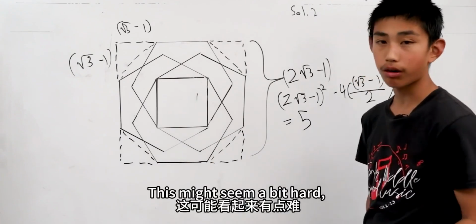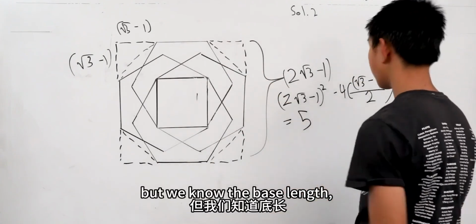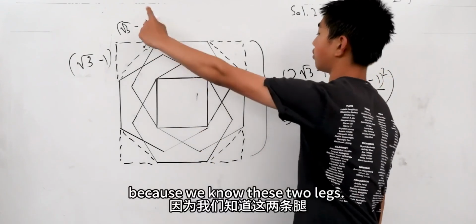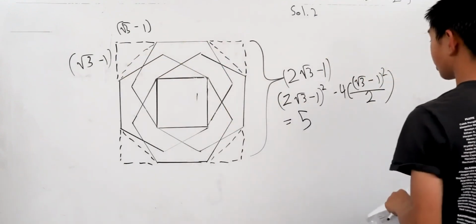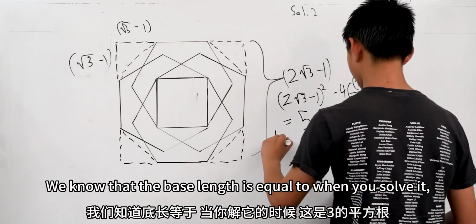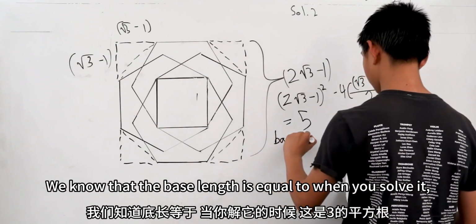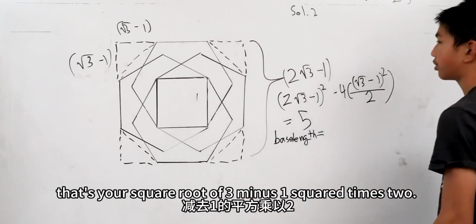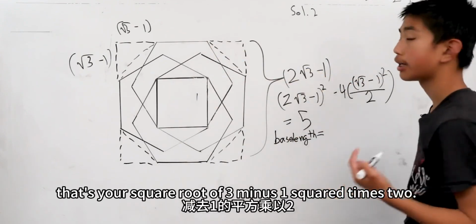This might seem a bit hard, but we know the base length because we can use the Pythagorean theorem, since we know these 2 legs. So the base length is the square root of 3 minus 1, squared, times 2.